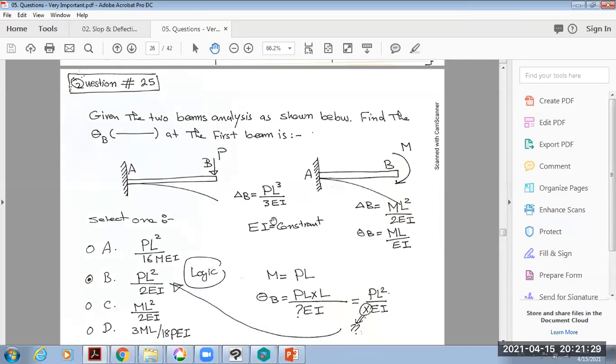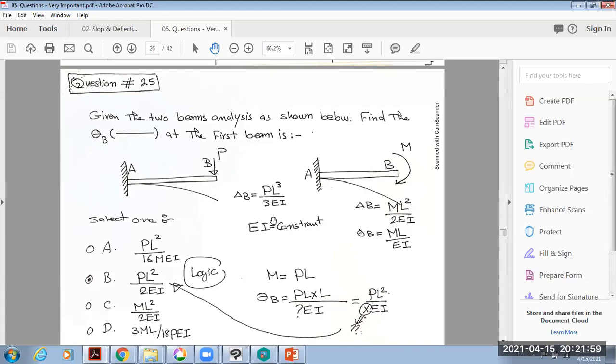This one, I just showed you right now: given two beams analysis as shown below. Find theta B at the first beam. This is a cantilever beam fixed at end A, the first beam subjected to a concentrated load at the free end, and the second beam subjected to a moment.